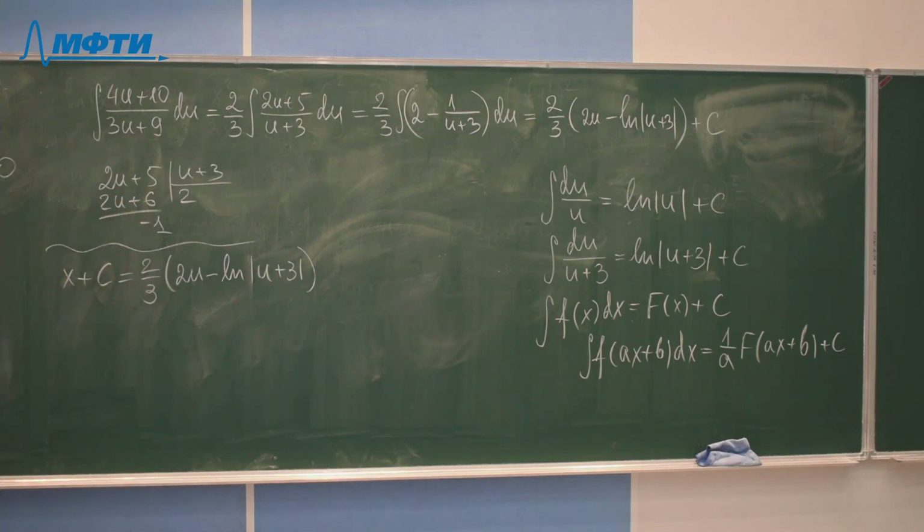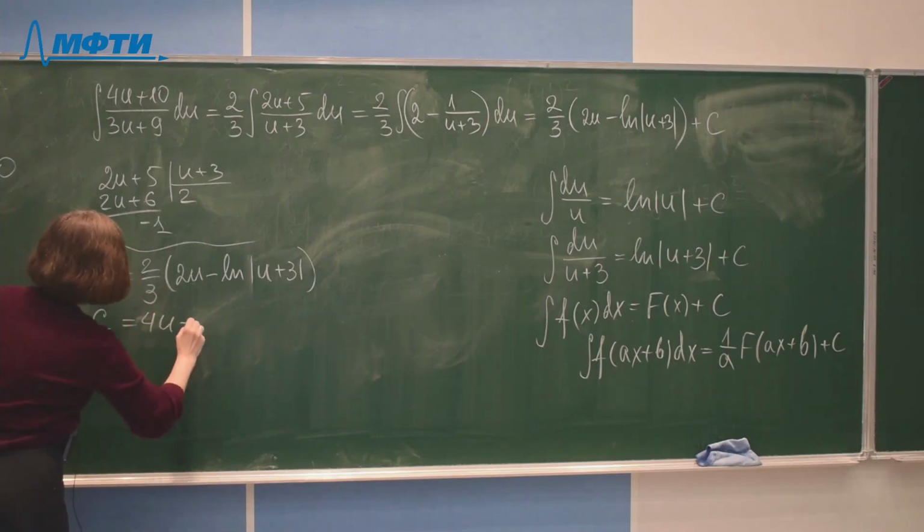Next, we should go back to our original variables x and y, and let's multiply by 3 first. It will be 3x, but we needn't multiply c by 3 because c is an arbitrary constant, so we will leave it as c.